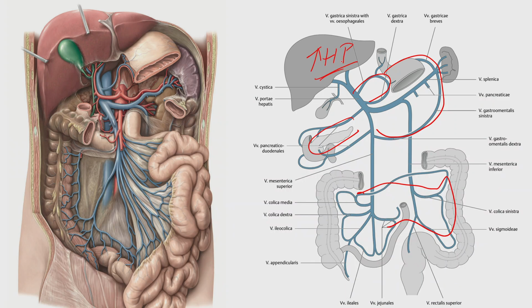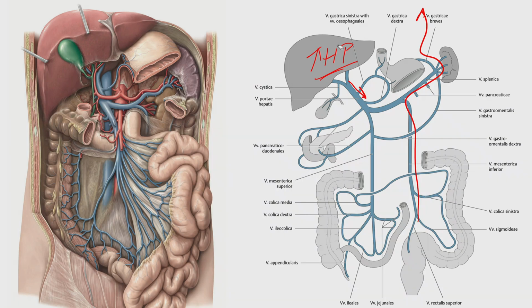The high pressure could be due to cirrhosis or other diseases of the liver, so that the blood is not able to pass because of the high pressure and other problems. It could also be thrombosis. And then blood is escaping and flowing vice versa, or this way from the bowel.